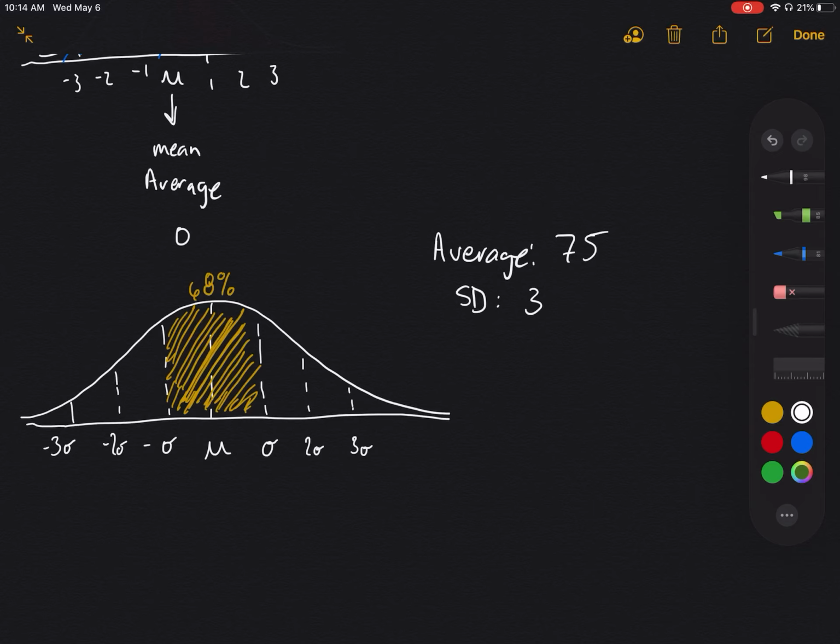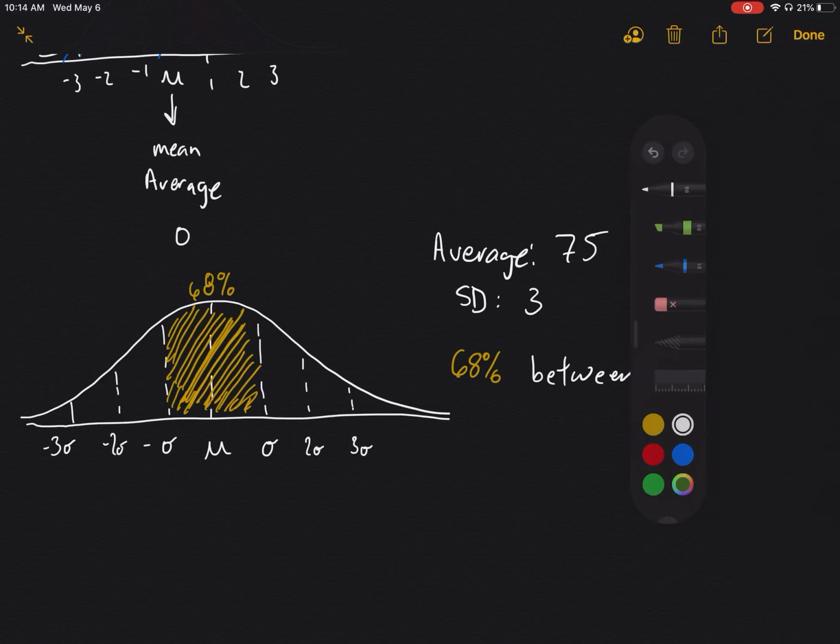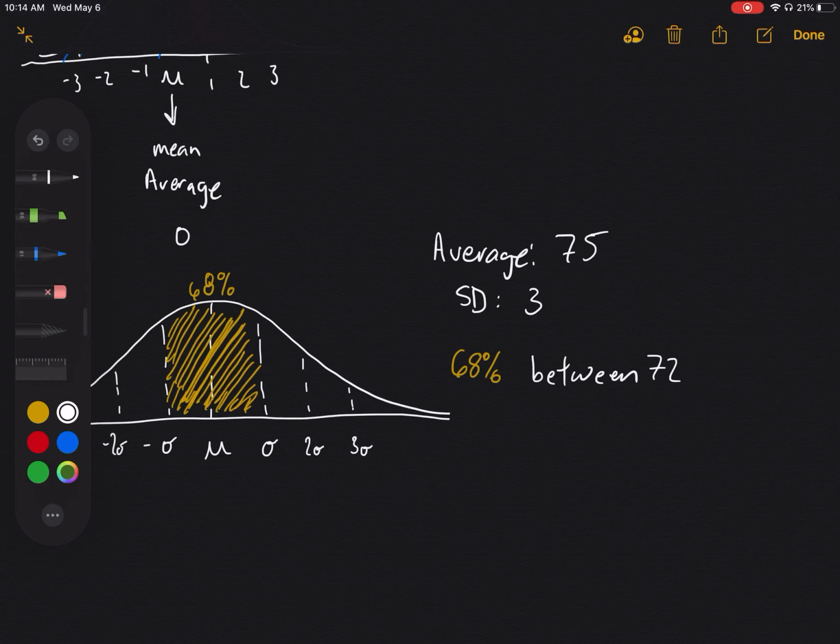Then 68% of the data is between one standard deviation lower, which would be 72, and 78. So there's a 68% chance that you got somewhere between a 72 and a 78 on the quiz, the test, whatever you want to call it, right?